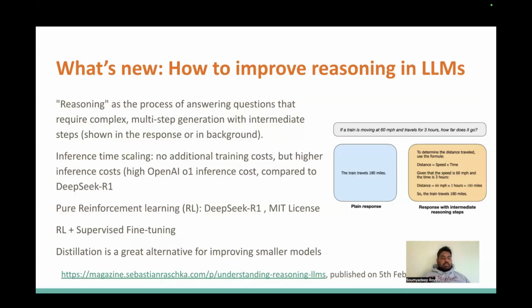There are various approaches that people have tried till now. First, or the simplest, is inference time scaling. Inference time scaling means you do not require any additional training costs, but there are higher inference costs. It is not that you are training separately, but during inference you are breaking your answer into multiple steps.